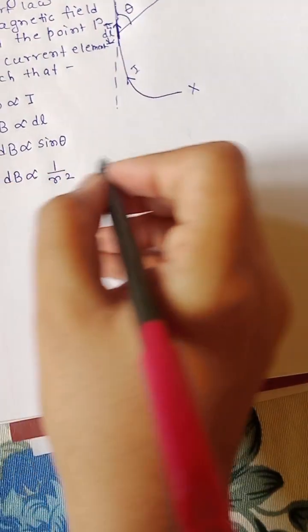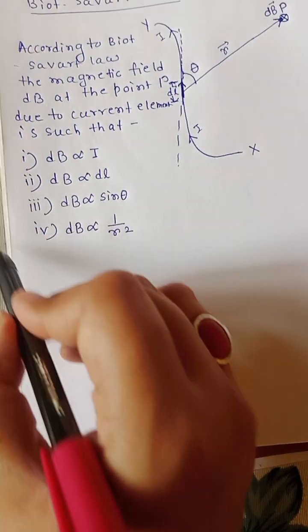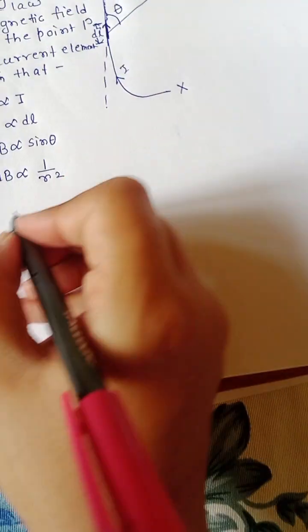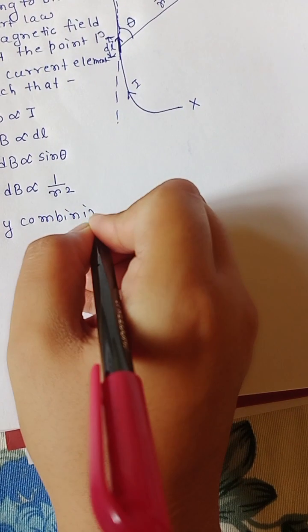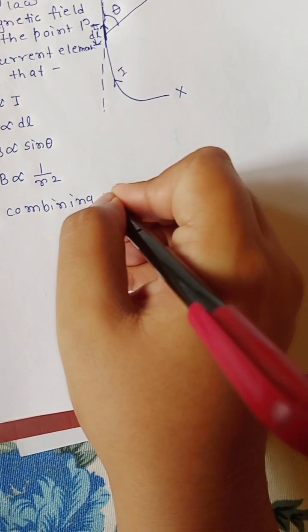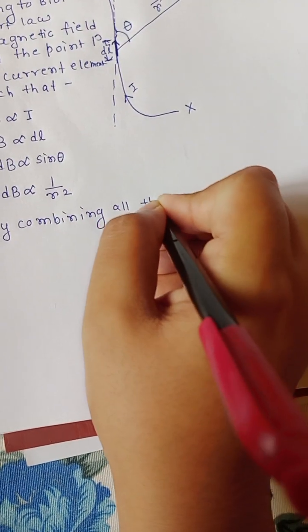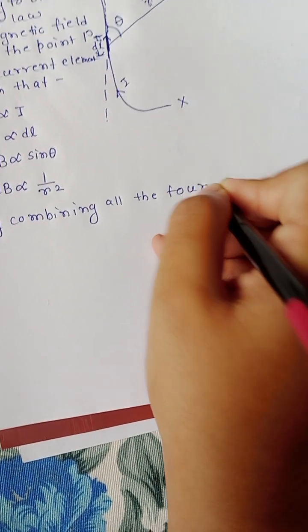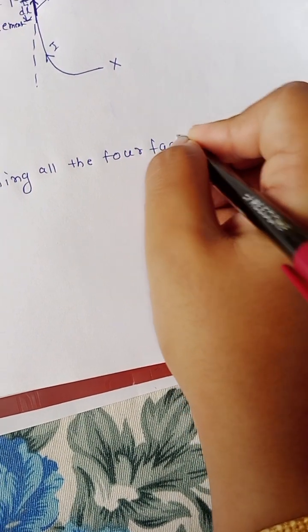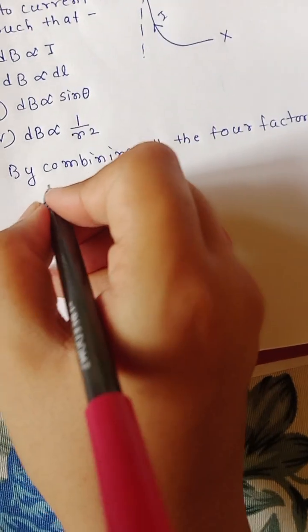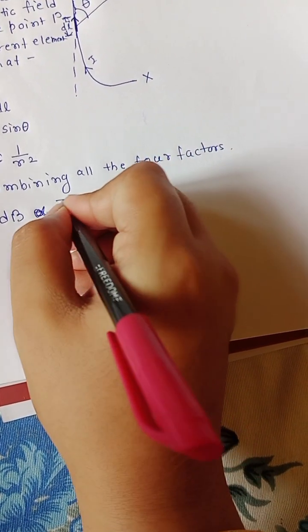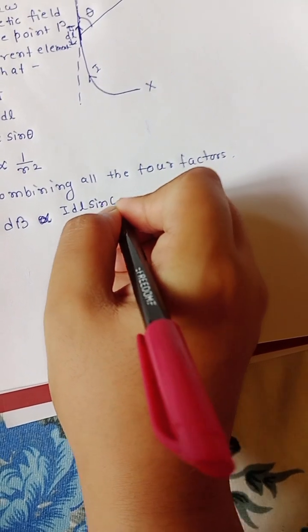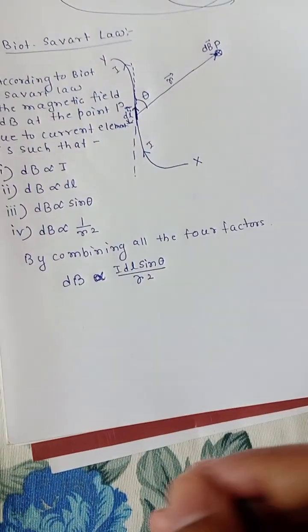See beta, if we combine all four factors, we can conclude that dB is proportional to I dl sine theta divided by r square.